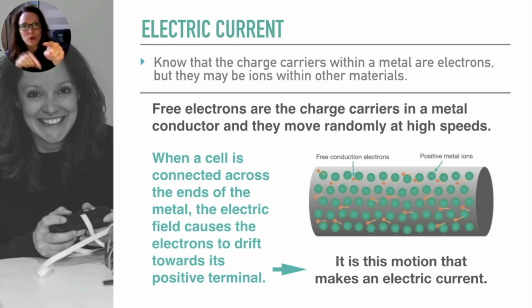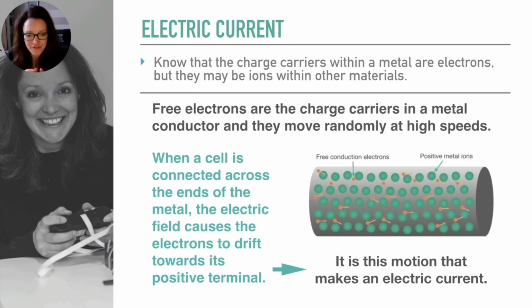It darts back and forth, trying to get past these massive other molecules, like copper molecules or whatever the wire is made out of. And they move randomly, darting about at very high speeds. But actually, as a collective body, they drift in one direction. And that's what the electric current is.